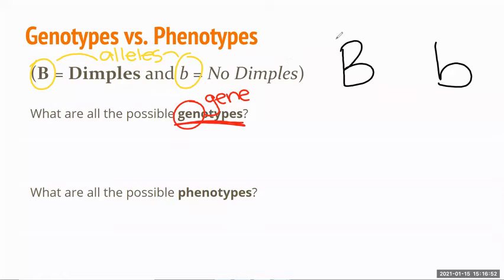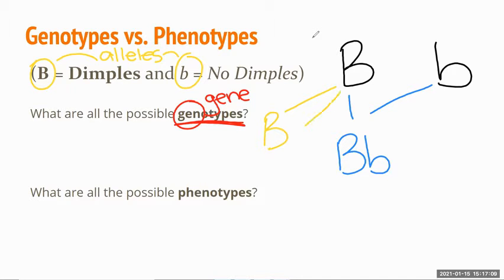For example, we can get a big B from our mom and a little b from our dad and have this genotype. Very similarly, we get a big B from our mom and also a big B from our dad and have that genotype. We can also get a small b from our mom, small b from our dad to get that one.